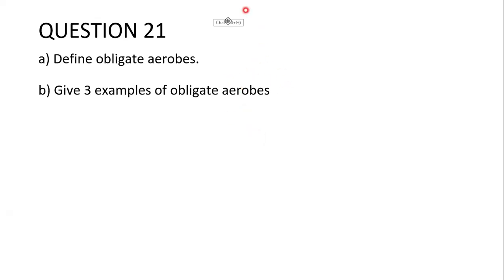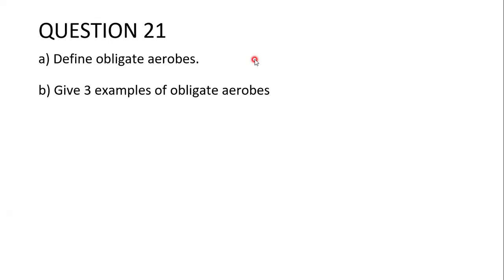Think of bacteria that affect the respiratory system. Answers? Mycobacterium tuberculosis.